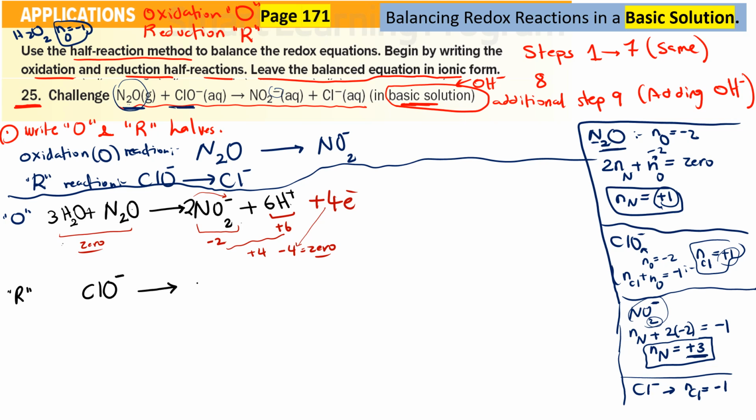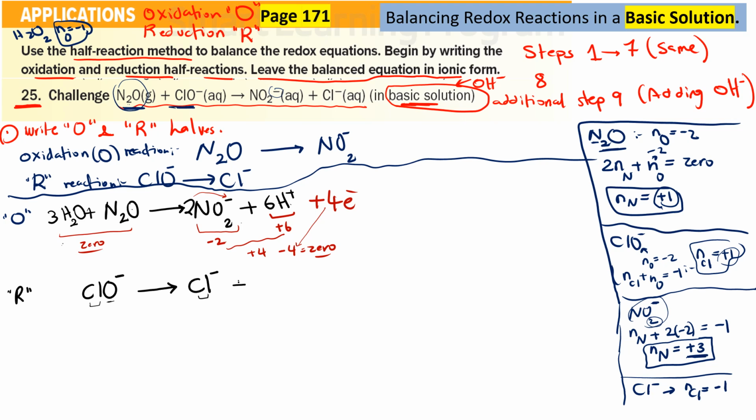That gives me Cl minus. Look at Cl. Is it balanced? We start again: balance elements other than oxygen and hydrogen, then oxygen, then hydrogen, then the charges. So is the Cl balanced? Yeah, I have one here and one here. What about oxygen? No, I have one here and 0 here.